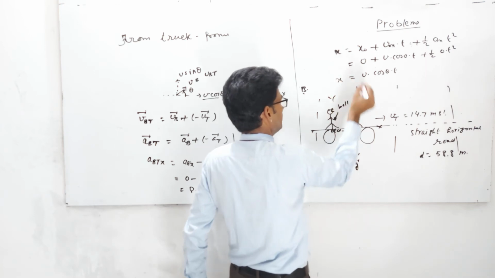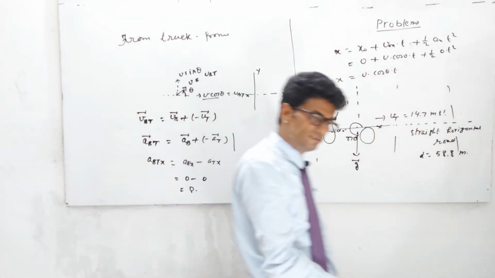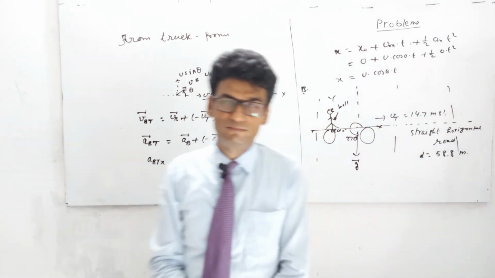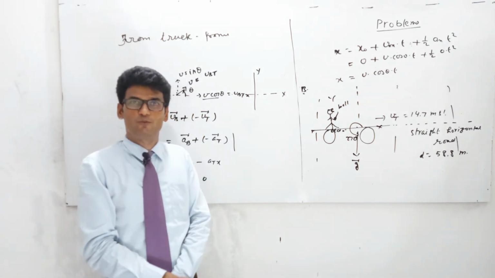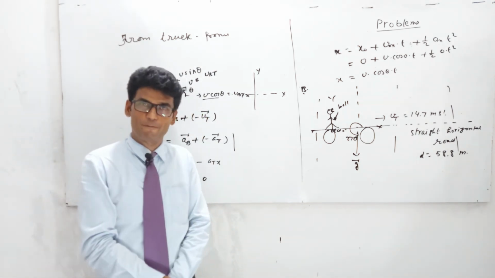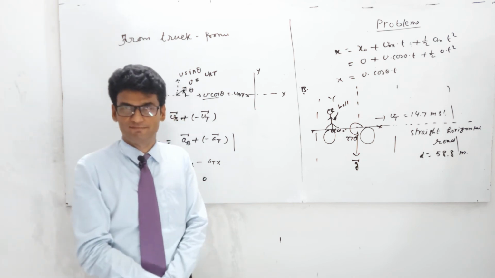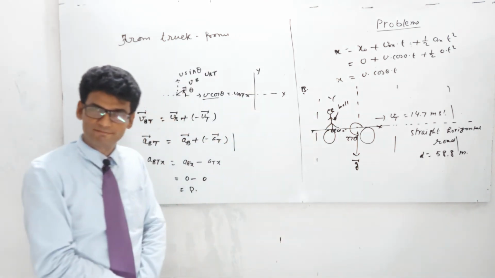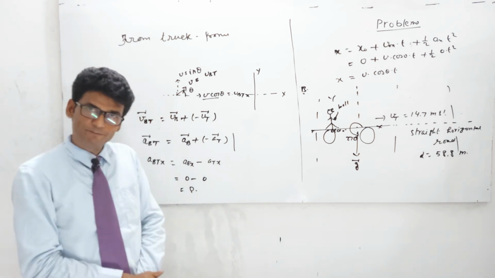This is x. This is not a distance, and earlier D was the distance, which I have written deliberately to show the significance of x motion, y motion, z motion. So here x is the coordinate. What does the problem say?